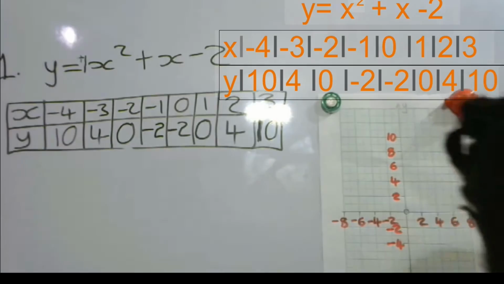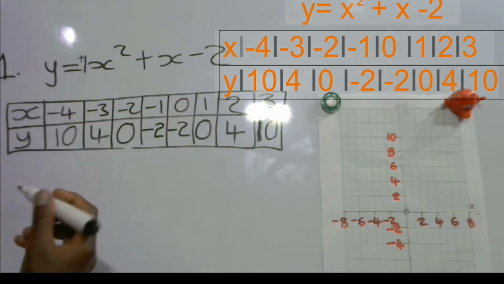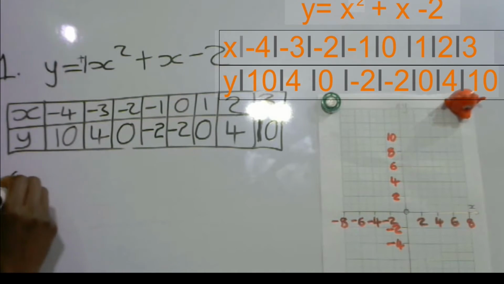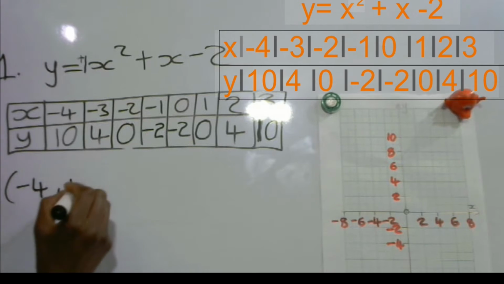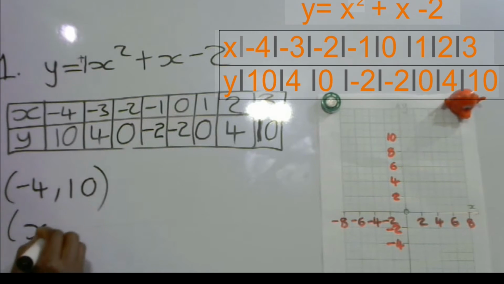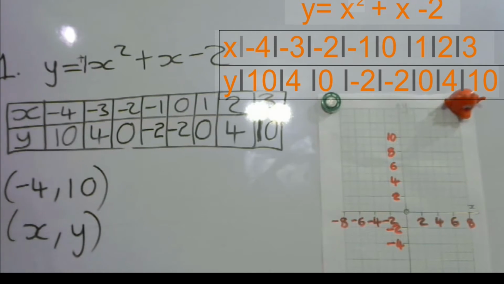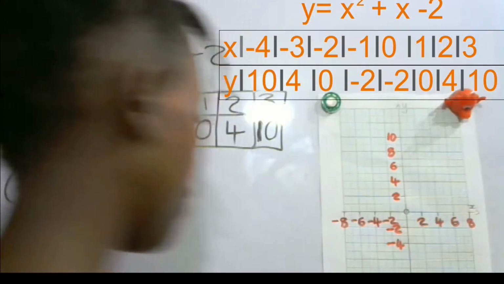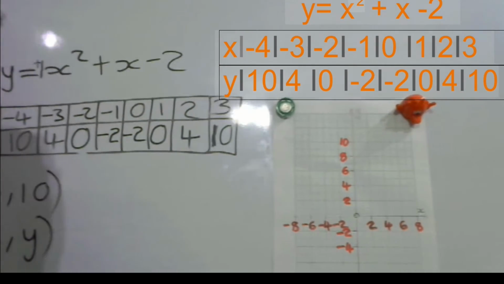So it means that our first coordinate is (-4, 10). We always start with the x value. So our coordinate must always be in this form: we start with the x and then followed by the y value. So let's see on the graph how we can draw that.